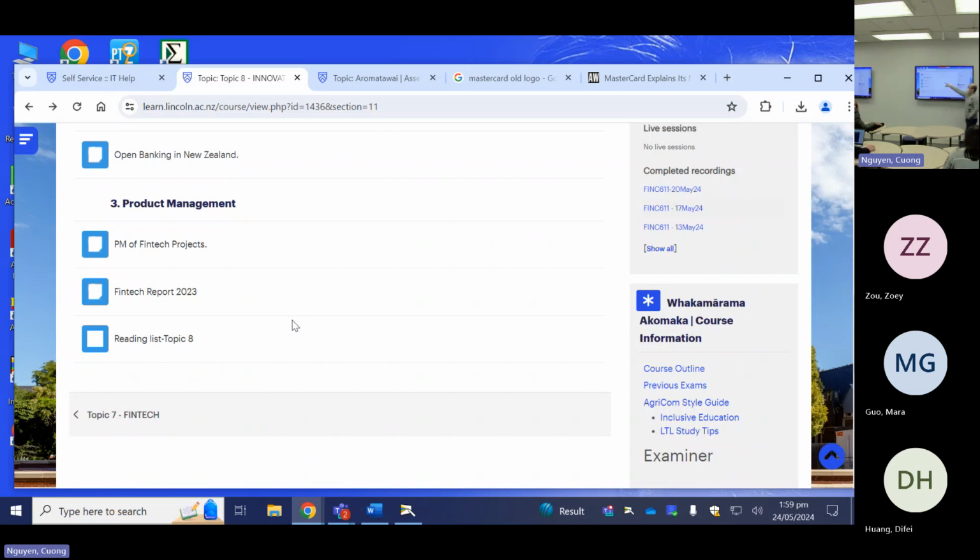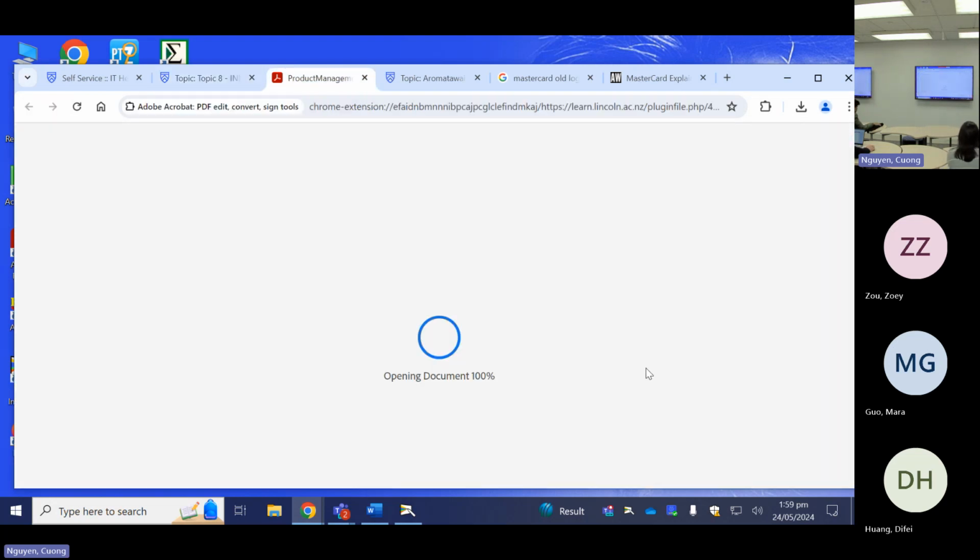So we will focus on product management here, and this document shows what fintech product management means and how to amplify a current product.